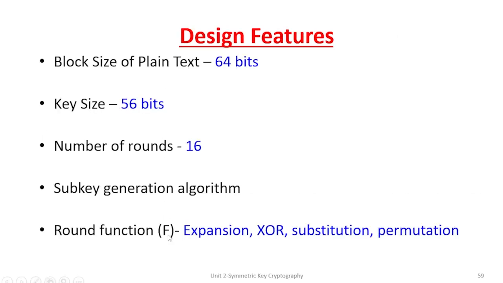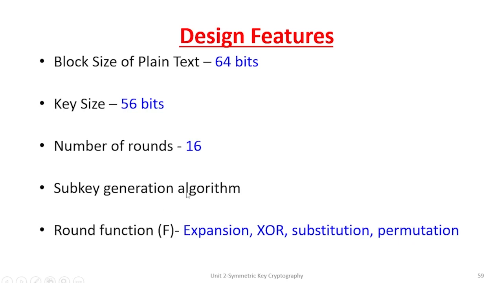So these are the five major features: block size, key size, number of rounds, subkey generation, and round function. Block size of plaintext is 64 bits. Key size is 56 bits. Number of rounds is 16.